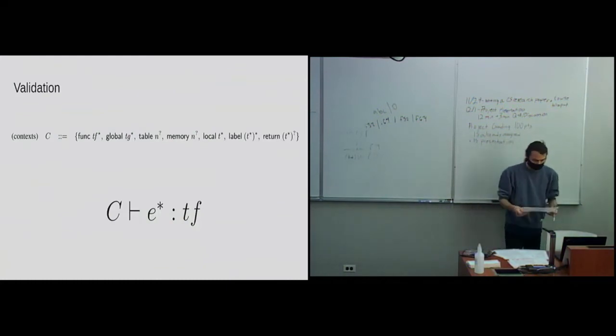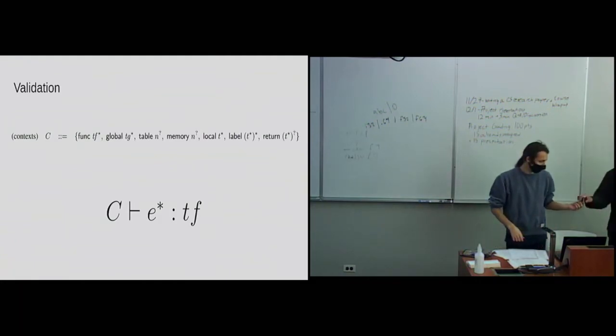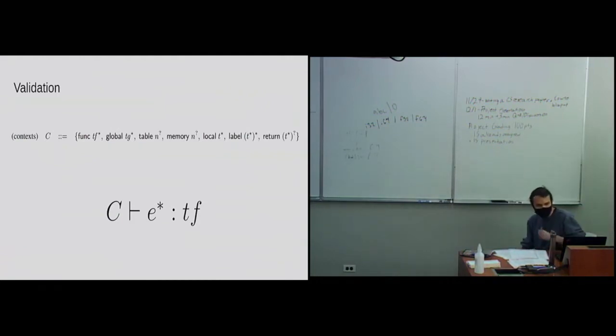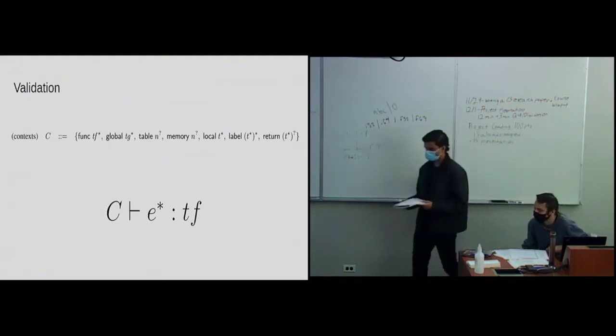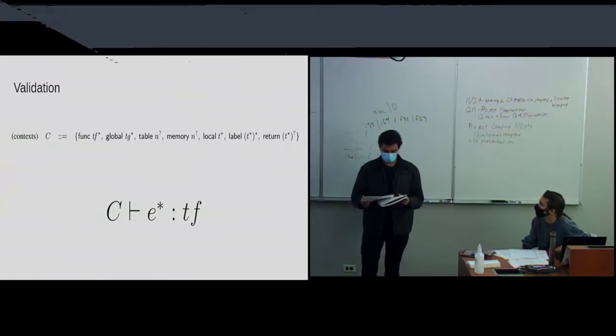Yeah, so that was the small step semantics for WebAssembly, but a huge component about WebAssembly is the fact that it has a pretty robust type system, and that's what helps it guarantee a lot of its benefits with security, memory safety, and ability to access code and whatnot.